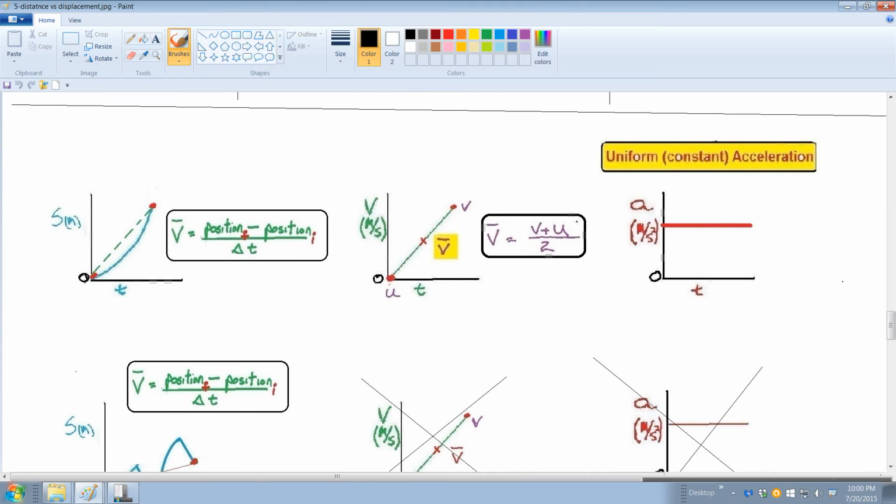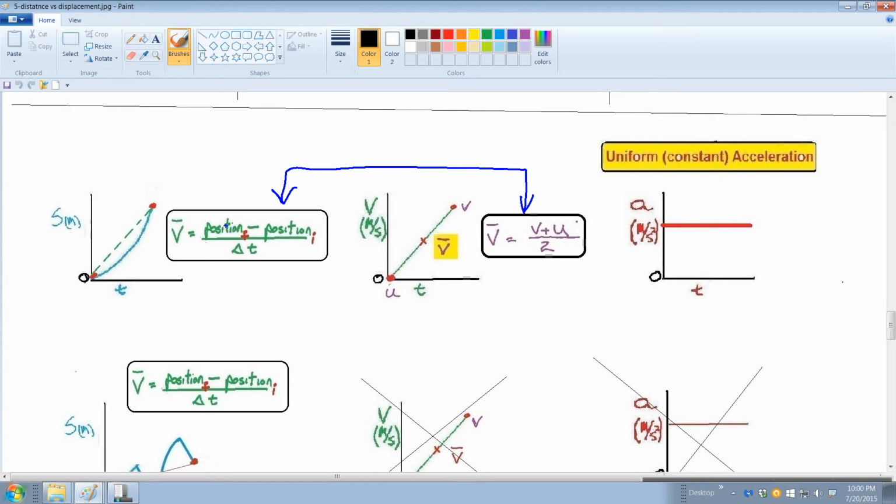So let's take a look at the reason why you can use two different equations to calculate average velocity when you have constant acceleration. Any kinematic object has a triplet of graphs that should always be drawn, or you should be able to draw them.